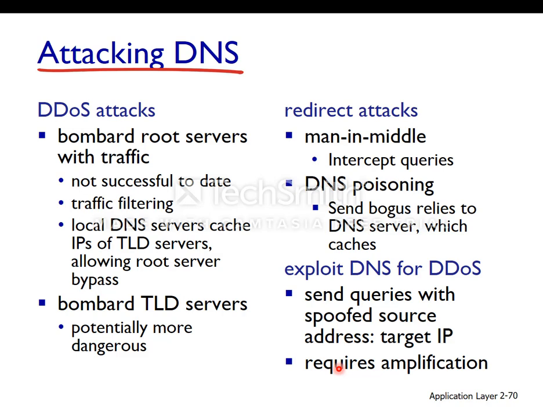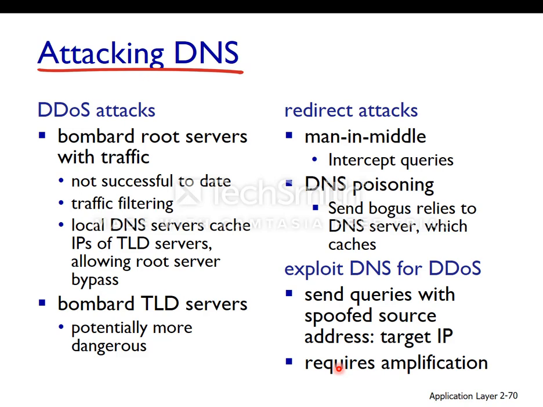People have attempted to bombard root servers with traffic. To the best of my knowledge, none of these attacks have been successful so far, in part because many of these root name servers do a lot of traffic filtering. And the local DNS servers as well also cache the IP addresses of the top-level domain servers, so it allows one to bypass the root servers.